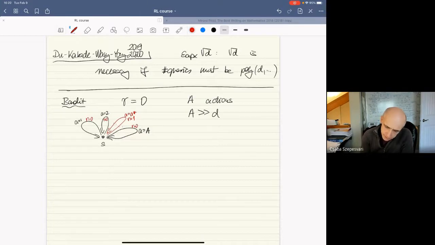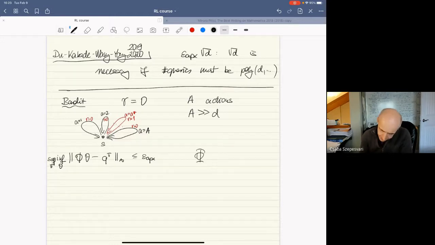Now recall that the assumption that we want to make is that the features are well approximating the action value functions of all the policies. So can we choose the features in this example in such a way that this holds?